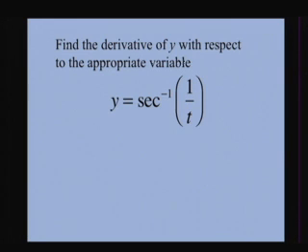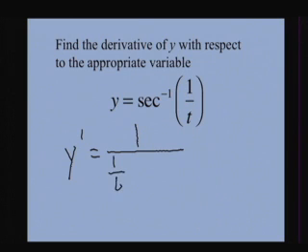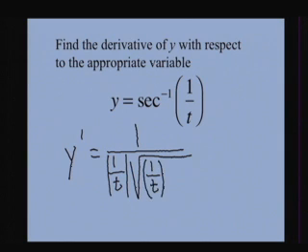So this is going to be y prime is equal to 1 over the absolute value of 1 over t times the square root of 1 over t squared minus 1.